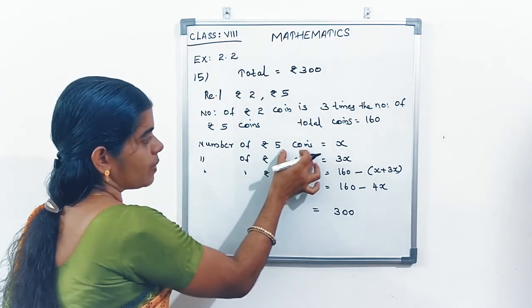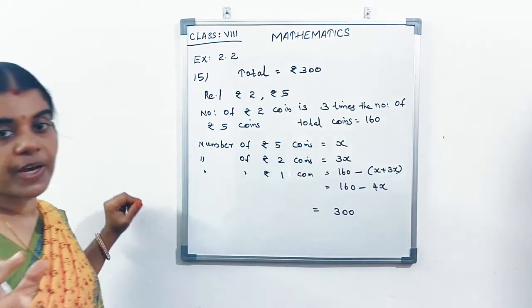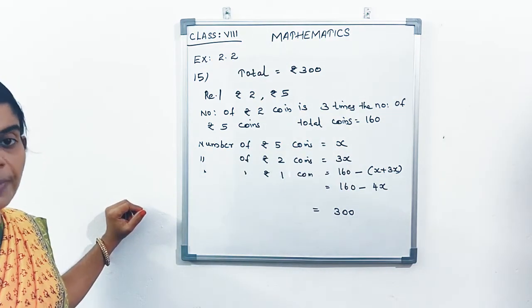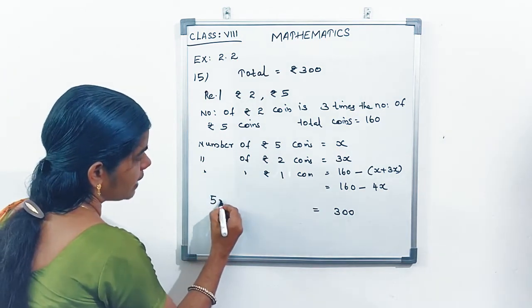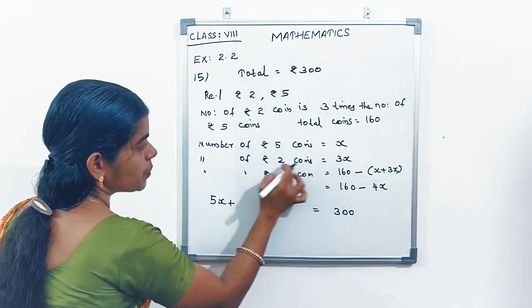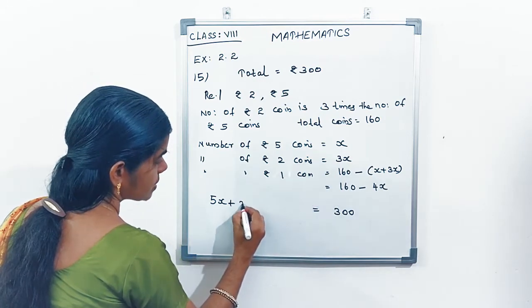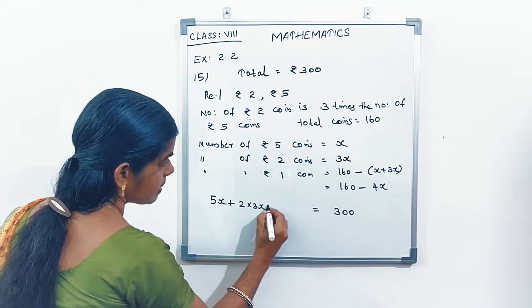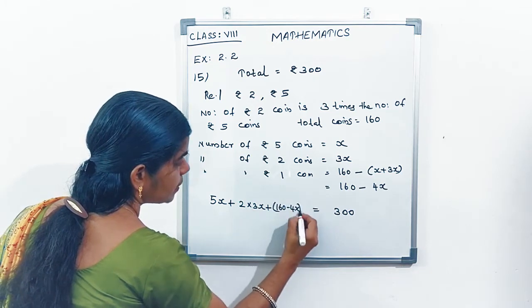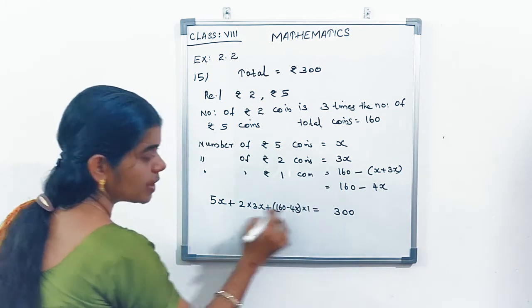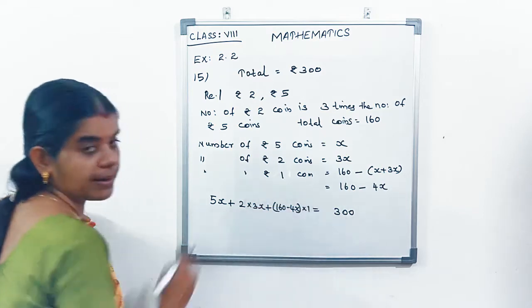The 5 rupee coins are X in number, so their value is 5 into X, that is 5X, plus the 2 rupee coins, 3X, so 2 into 3X, plus 160 minus 4X into 1, that is the 1 rupee coins. That is equal to 300.